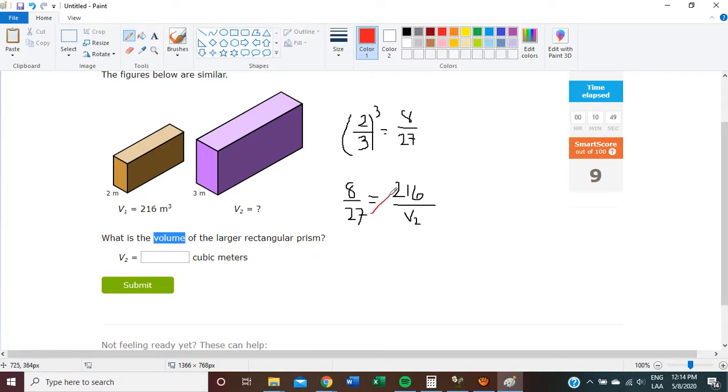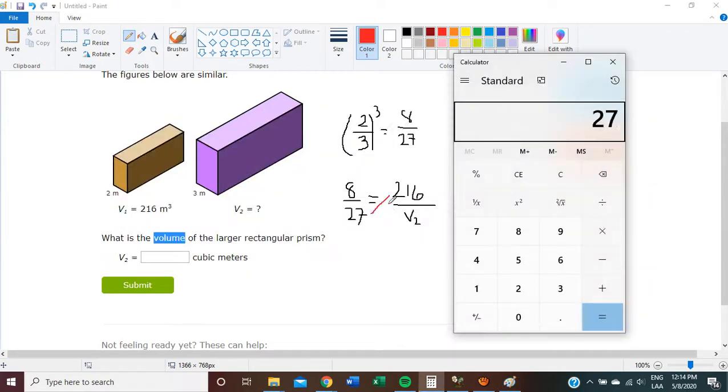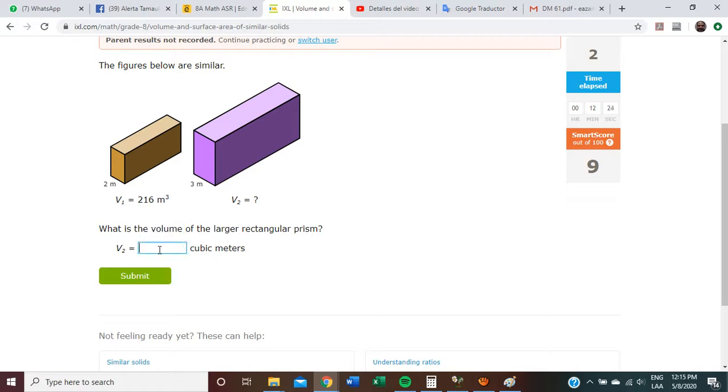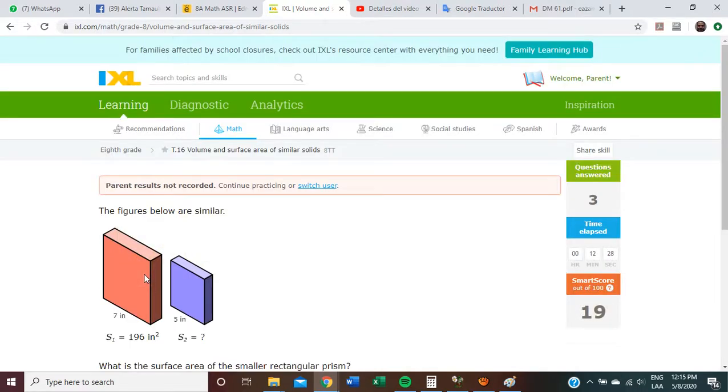Okay, 27 times 216 equals well, that amount, and then I am going to divide this by 8. So this is the volume of the second one. Okay, so I just will copy the result, and I am going to paste that in here, and I'm going to submit it, and that's correct.